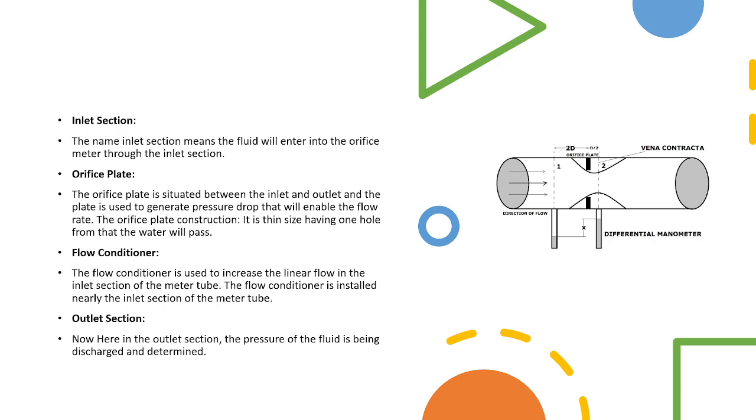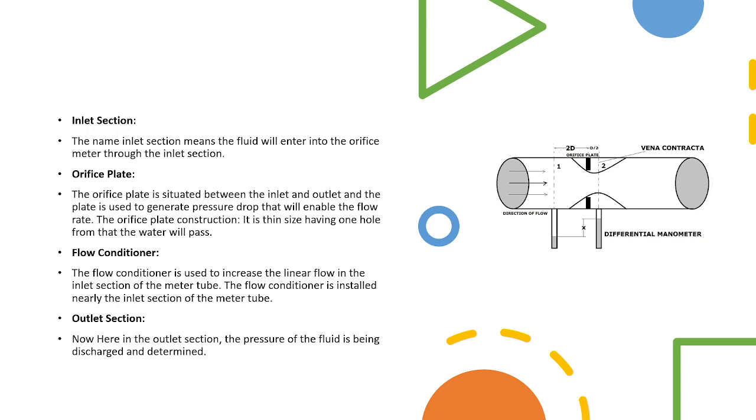So first we have the inlet section, which means the fluid will enter into the orifice meter through this part here. And in the case of the orifice plate, it is situated between the inlet and the outlet, and the plate is used to generate a pressure drop that will enable the flow rate measurement. The orifice plate is essentially thin, having one hole through which the water will be passing.